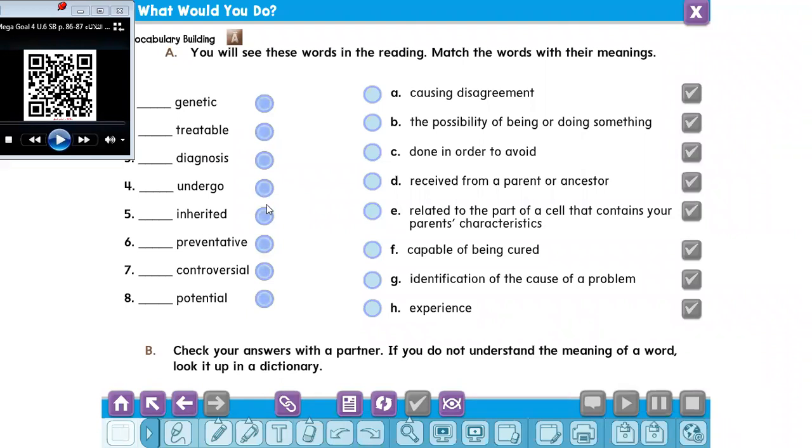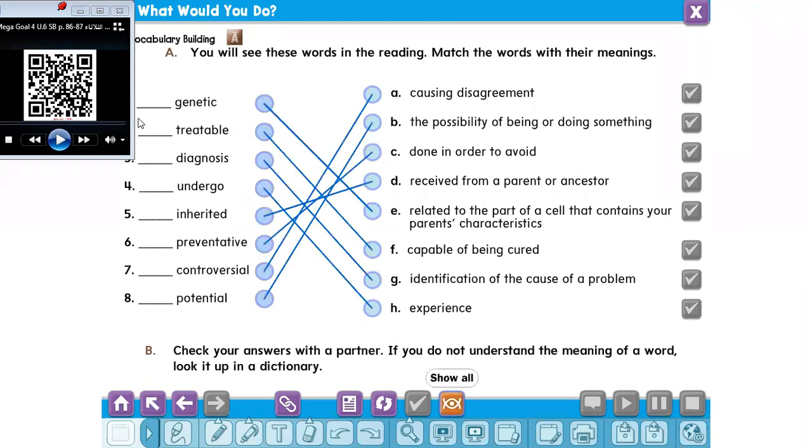And I told you that we need these words in the new lesson of today. So I want you to pay attention and put them on your mind. Now I will show you the answers for all these words, the meanings for them.